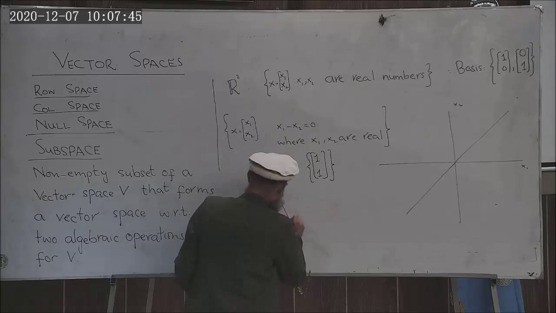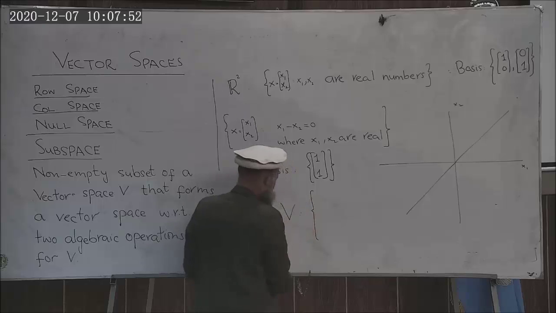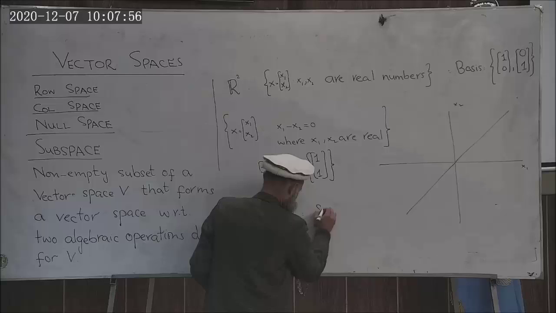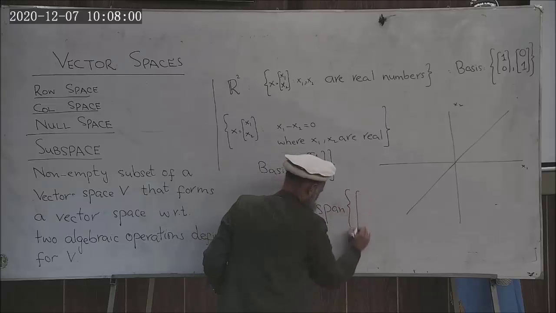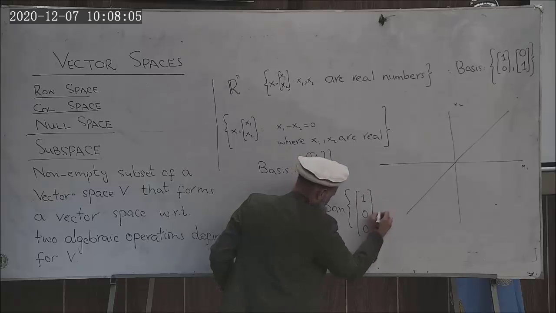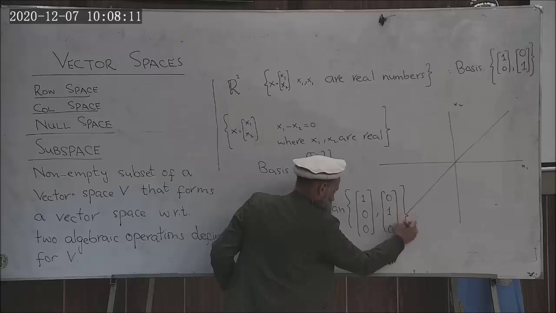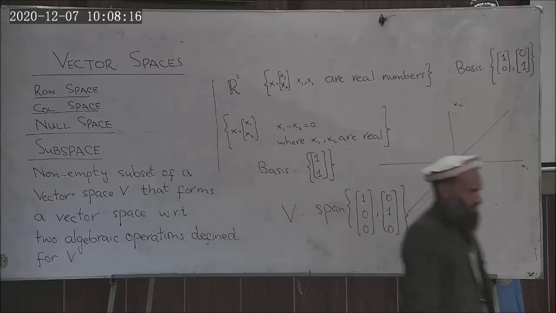So what about this vector space? The space spanned by these vectors. The span of vectors is always a vector space.